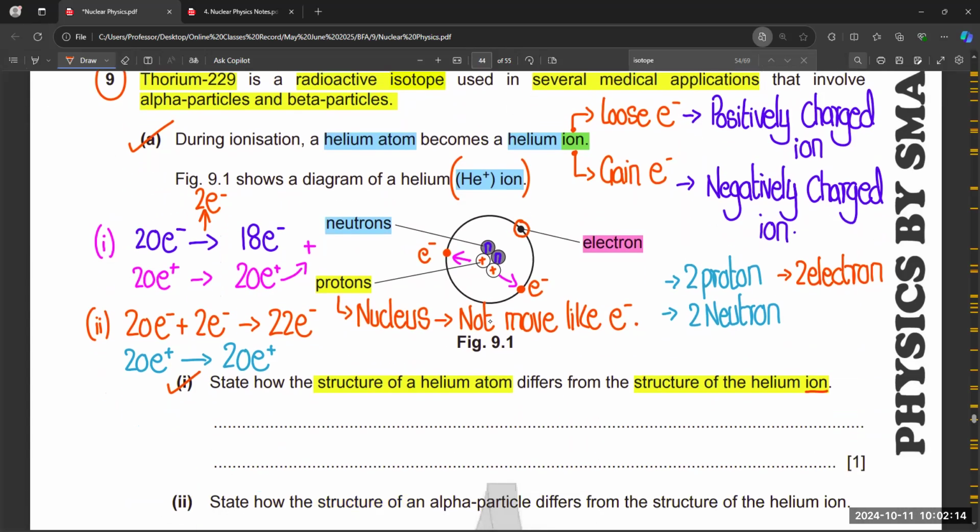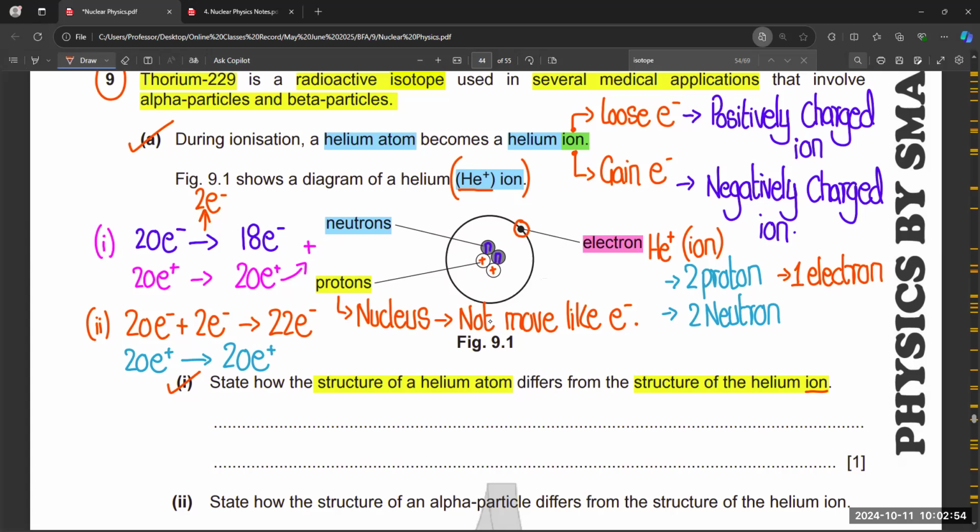But when we are talking about the helium ion, especially He plus ion, in the diagram we can see there are two protons, there are two neutrons, but there are no more two electrons, because in the picture you can see there is only one electron given, and in the question it is mentioned this is He plus ion. It means it loses one electron and it becomes only one electron, according to the diagram.